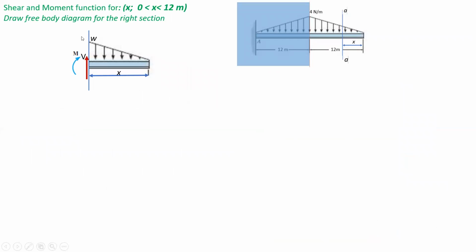So now we will generate the shear and moment function for x such that x lies between 0 and 12 meter. Here I have shown the region of x is equal to 0 to 12. Now we have magnified this segment to the right of this section AA, and this is the free body diagram of this section. Here we can see that there is a uniformly varying load that is increasing from 0 to W, where W is the uniformly varying load acting at a distance x.